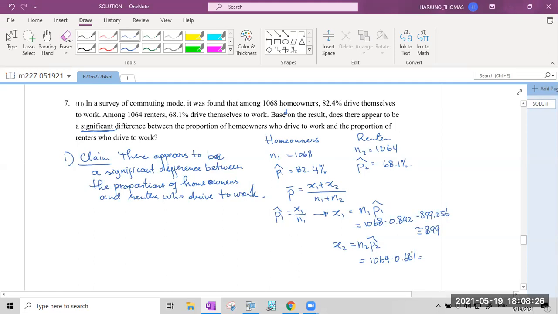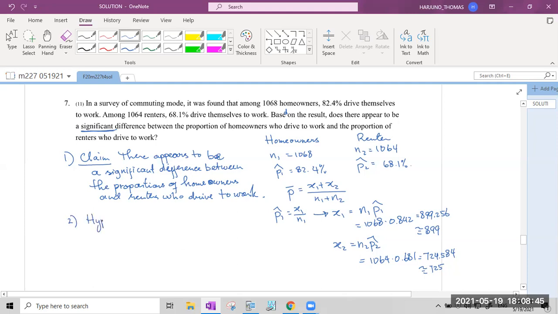That is 724.58 something. We do rounding, that's 725. Later on I will use calculator for that.